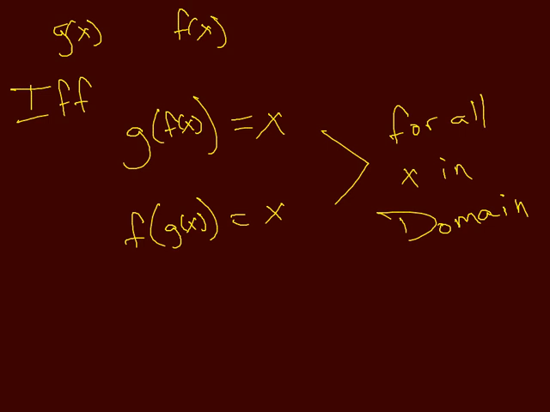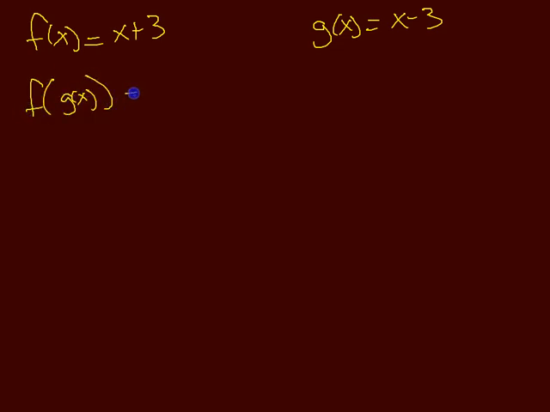So let's look at the example we had a moment ago of a function f of x equals x plus 3, and let's call the other function g of x equals x minus 3. Let's look at f of g of x, and that is taking this x minus 3 and plugging it in x's place. So that's the quantity x minus 3, plus 3.